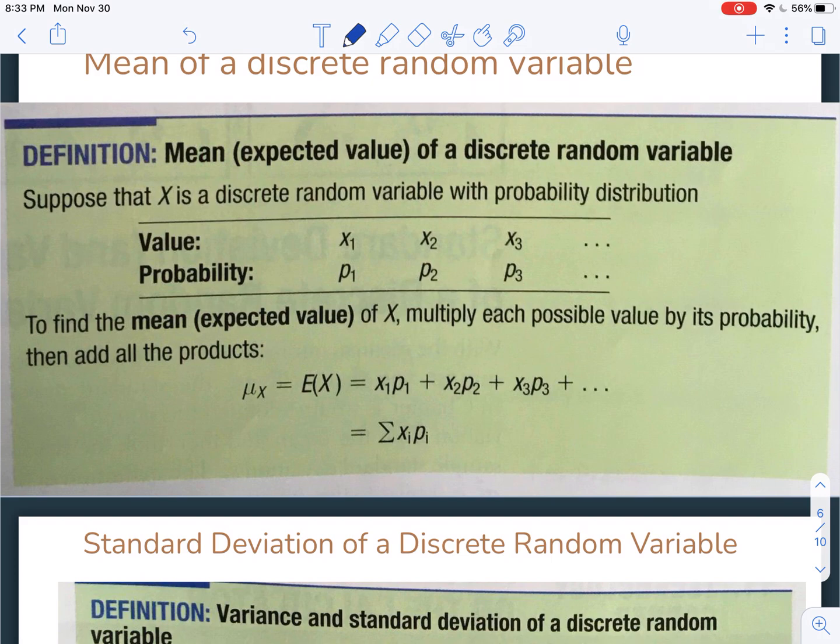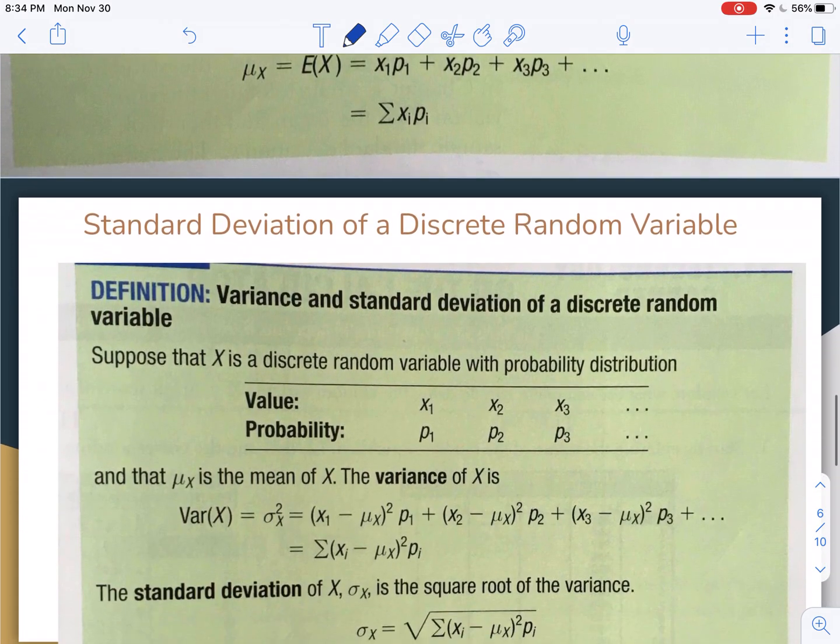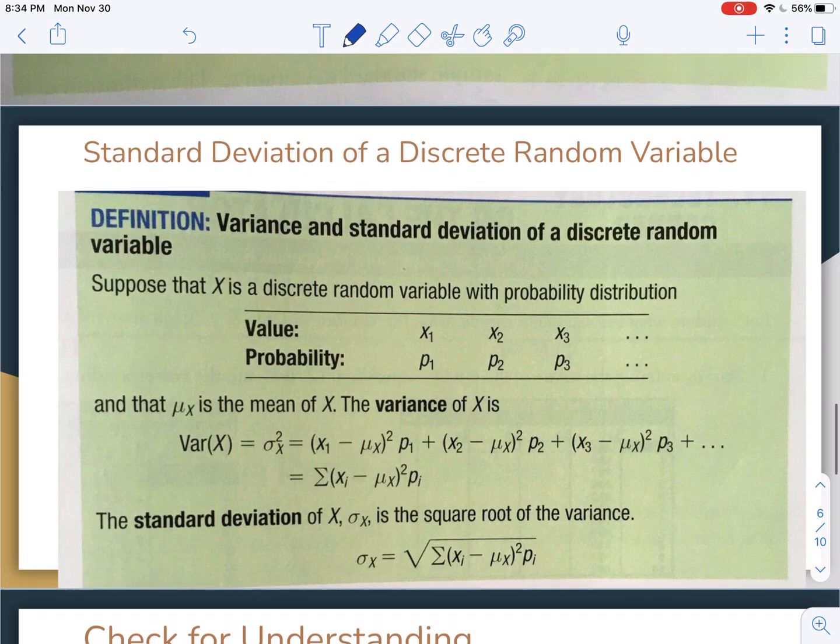All right. So we've got the mean, the expected value, and you find it the exact way I just did. You multiply each value by the probability of getting that value, and it tells you the mean. And then the standard deviation, just like we've done before, the variance is when you square the value minus the mean, and then we're going to multiply it by that probability.